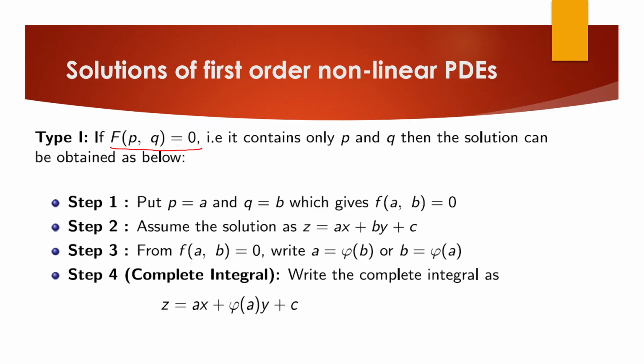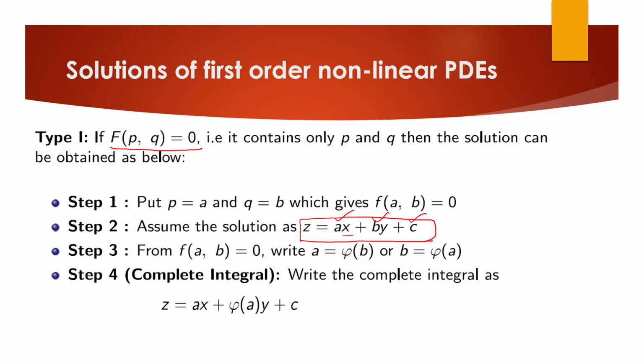So here the solution is assumed as z is equal to ax plus by plus c. So first we have to reduce the constants in this solution because now we have three constants. Our objective is to reduce one constant from this so that we have an equal number of constants as the number of independent variables.